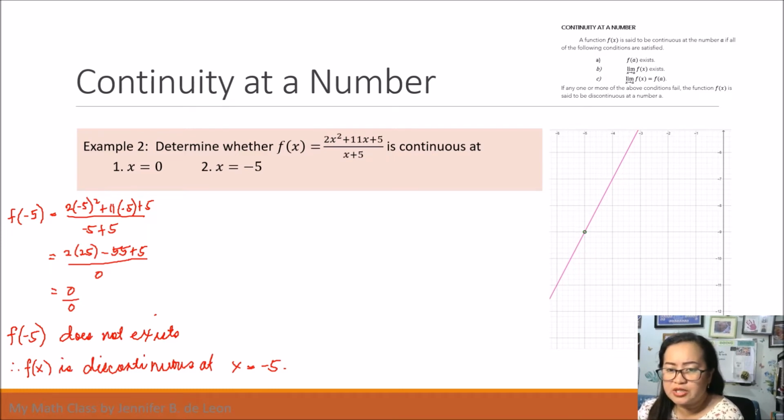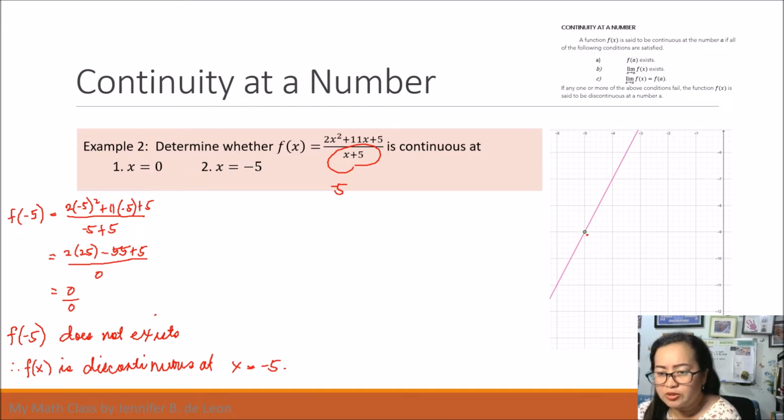Now since we cannot use -5 for x, this point will be represented using an unshaded dot or a hole.